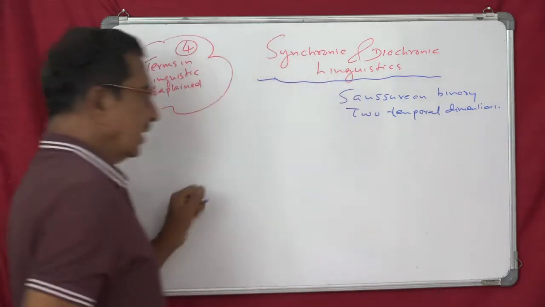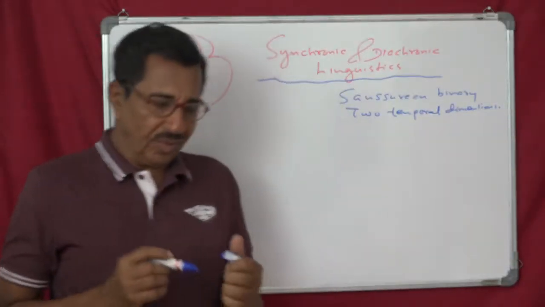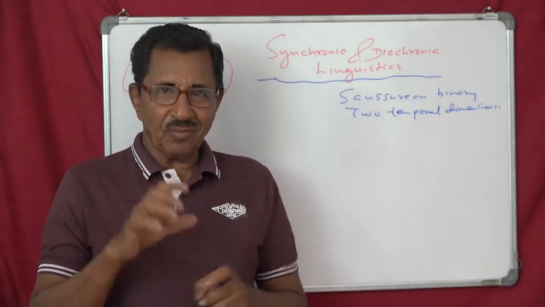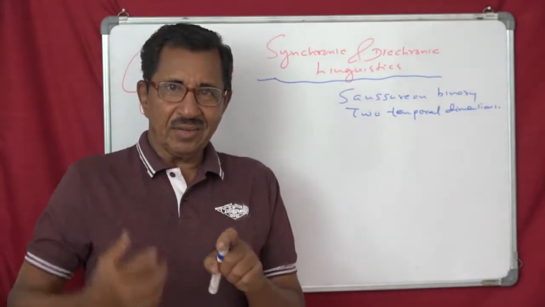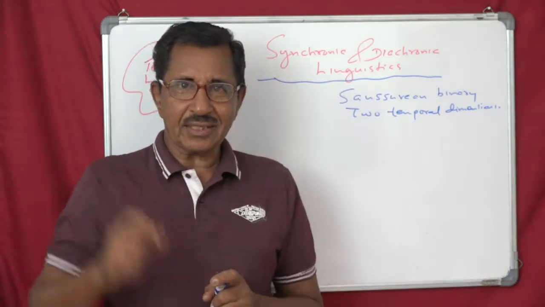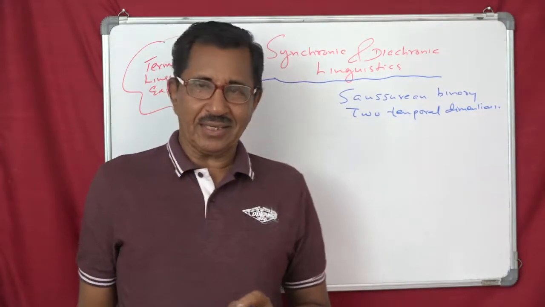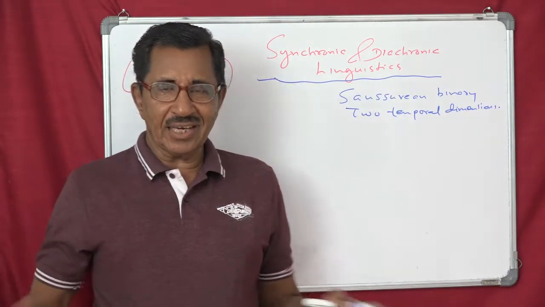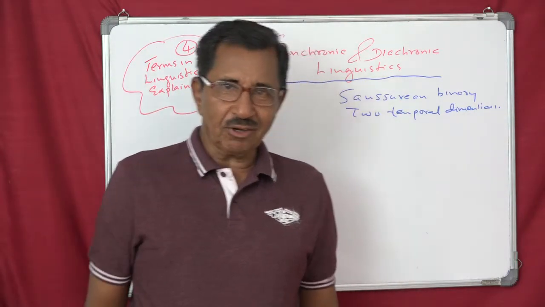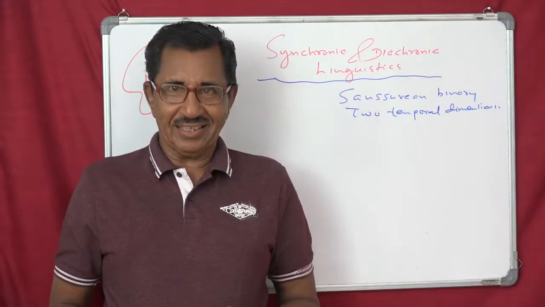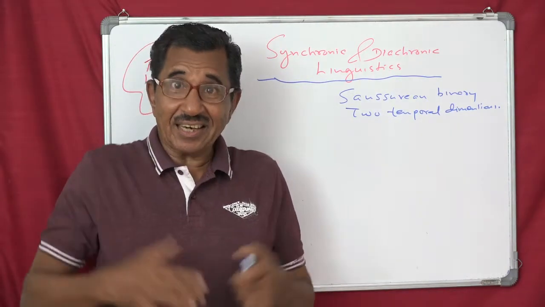Now chrono in Greek means time. Once upon a time, people used to call a watch a chronometer, meaning time measuring instrument. You have got many English words with chrono: synchronic, diachronic, then anachronic, synchronizer.